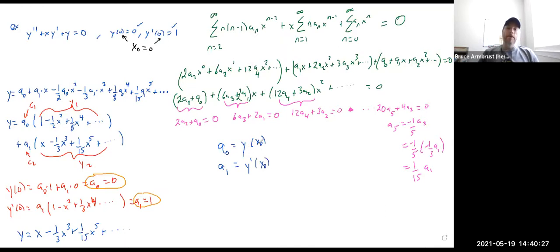If our initial conditions are at x0, as long as you center it at x minus x naught, then your initial conditions are always going to be A0 and A1.